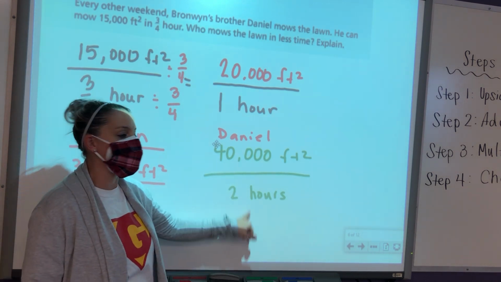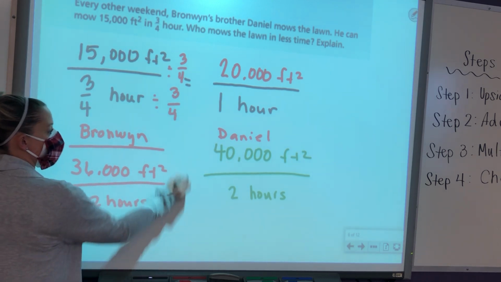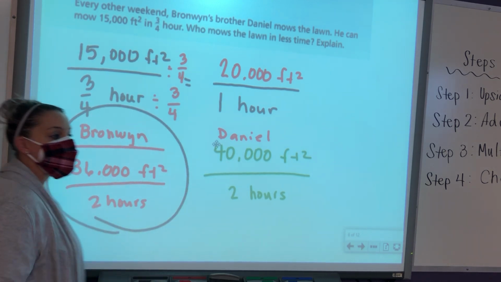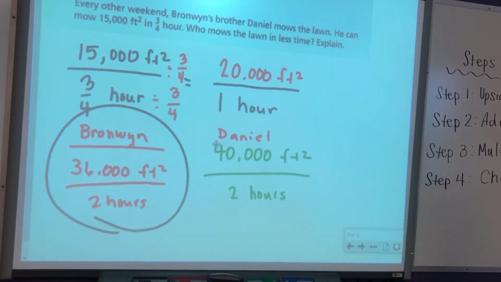It takes him 2 hours to mow 40,000. So all the question asks is who does it faster. We don't know the specifics, and that's okay. We can eventually calculate the specifics using decimals, but we need to find something compatible to just answer the question.